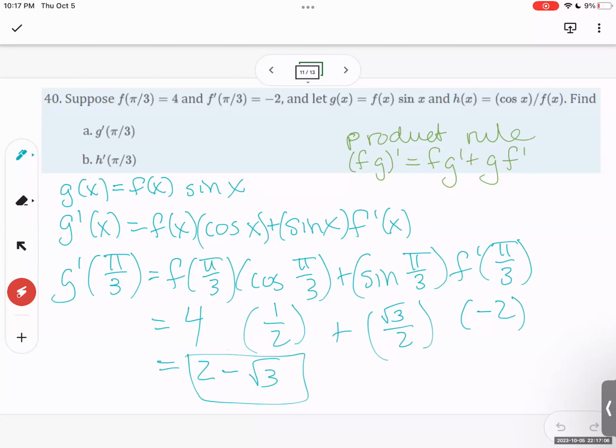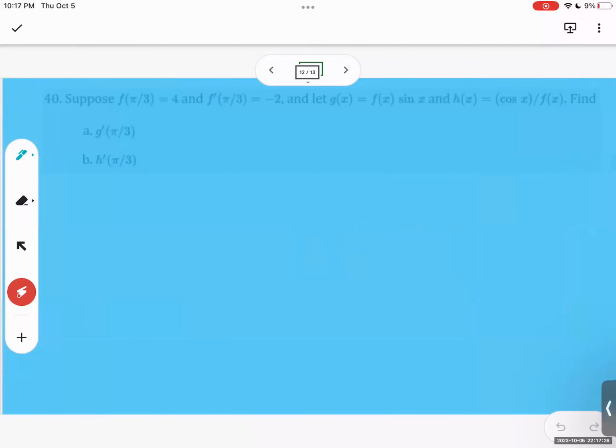Make sure you see how we use the product rule to find the derivative first. Then we plugged in pi over 3 into our derivative function and simplified. We're going to do something similar, but now for h prime of x, we have a quotient.